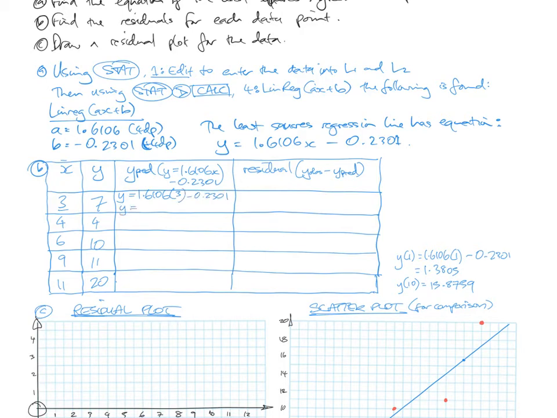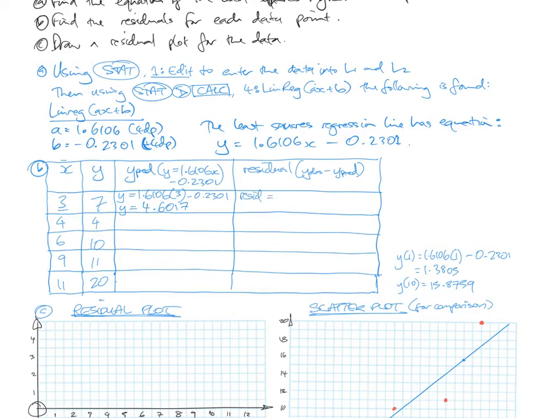Go to the calculator: 1.6106 times 3, take 0.2301, that comes to 4.6017.